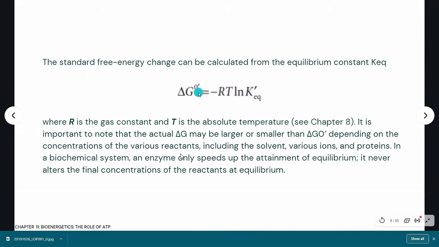You get this superscript, which means standard free energy change, where R is the gas constant, T is the absolute temperature, and then the natural logarithm of your Keq, the equilibrium constant.